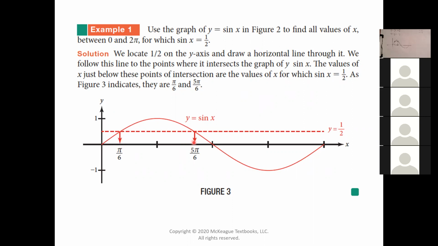And also when x is equal to 5 pi/6 radians or 150 degrees, because 5 pi/6 radians is in the second quadrant, you also see the sine of 5 pi/6 radians is 1/2. See how nifty that is, how we can answer that question using the graph.